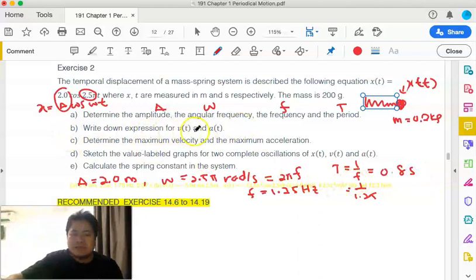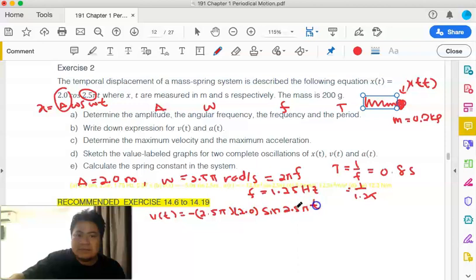Now write down the expression for velocity and acceleration. Velocity as a function of time is equal to negative omega A sine omega t, so this is negative 2.5 pi times 2, which is negative 5 pi sine 2.5 pi t.